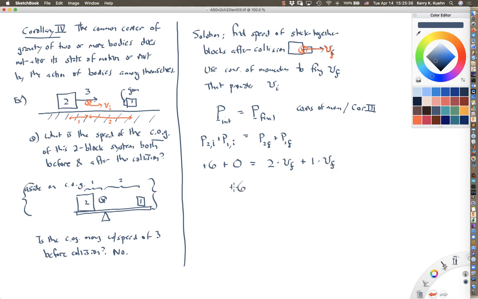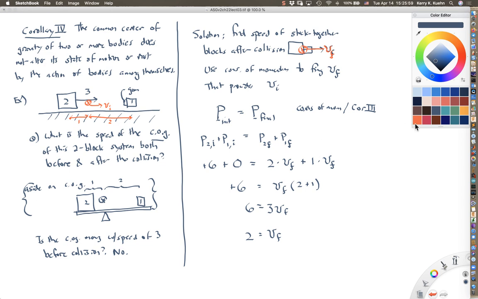So let's write this. Plus 6 equals, let's factor out the final velocity, and then write 2 plus 1, or 3 times the final velocity equals 6, or the final velocity of those blocks is going to be 2.